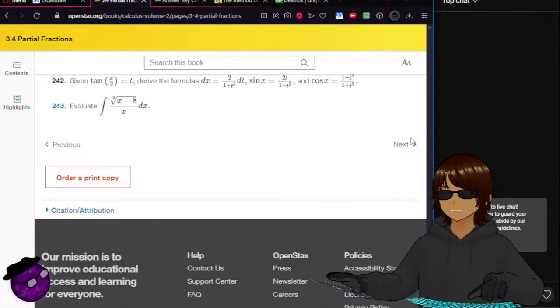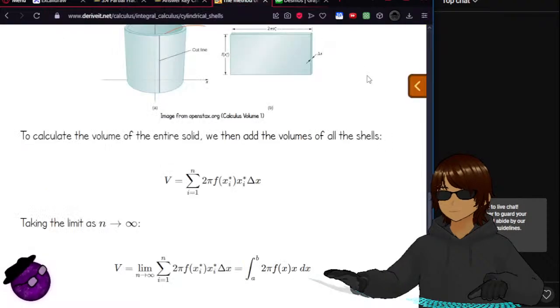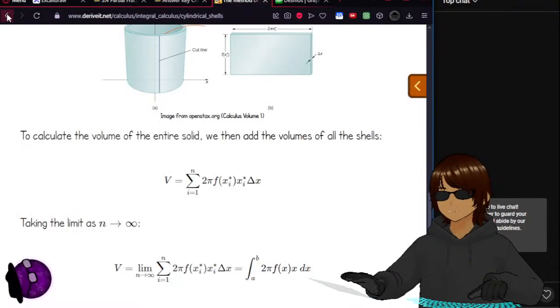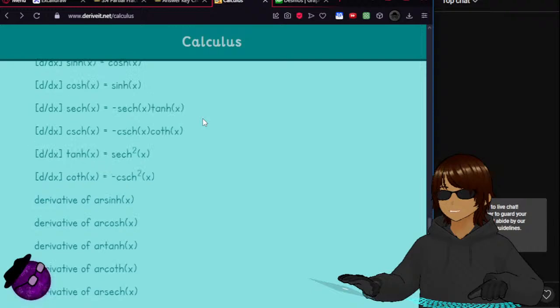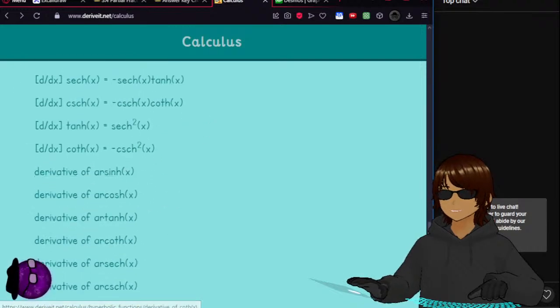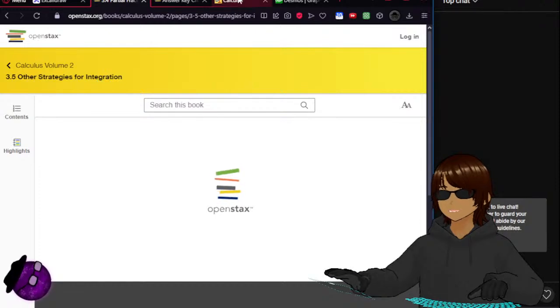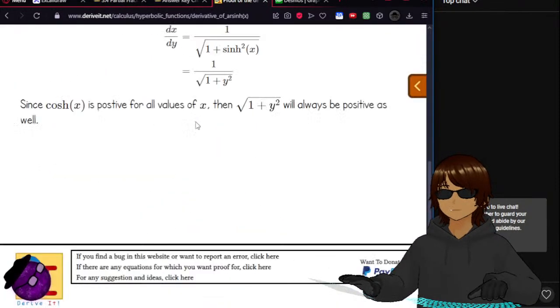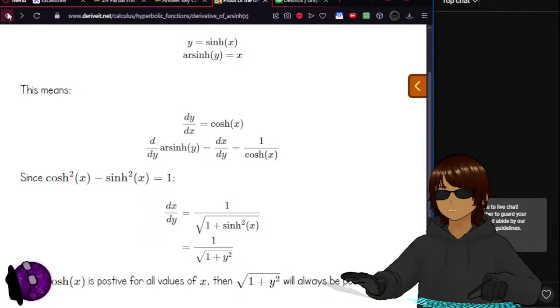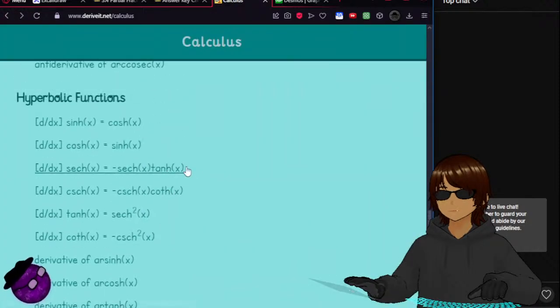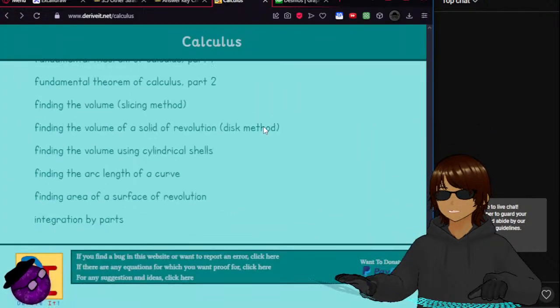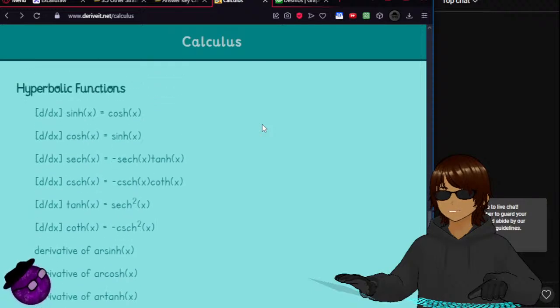Okay, let's go to the next chapter. I think this one involves other integrals, and most probably it will involve arc sin h, or maybe just sin h. Hyperbolic functions.